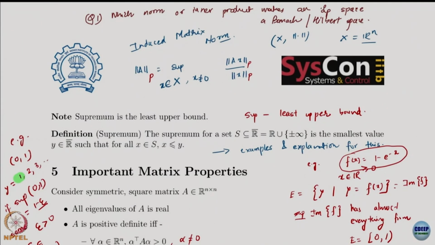So when you look at the ratio and you take a supremum, you are essentially measuring the maximum magnification that a matrix gives to a vector. That is how much the vector gets enlarged, lengthened in some sense, by a particular matrix.